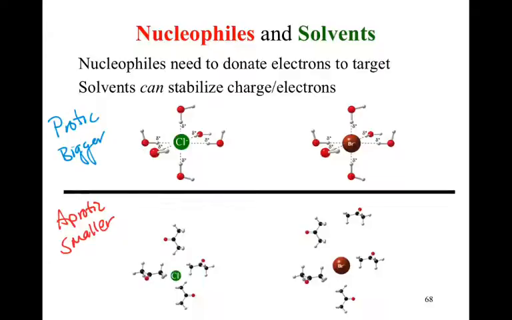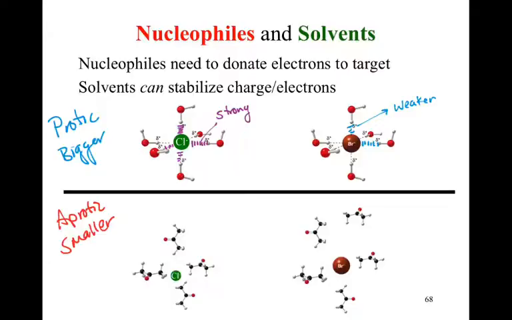Chlorine is more electronegative than bromine. So in a protic environment, the interaction between our positively charged hydrogen and our more electronegative chlorine becomes relatively strong. Because bromine is not as electronegative, the hydrogens don't interact quite as strongly with the bromine, so we get a weaker interaction here.